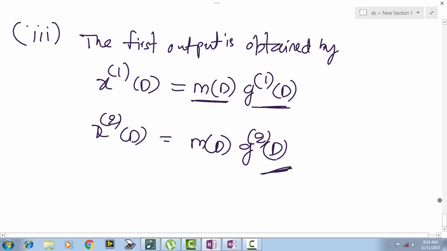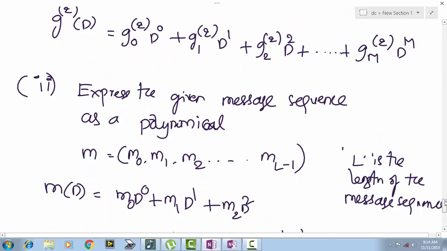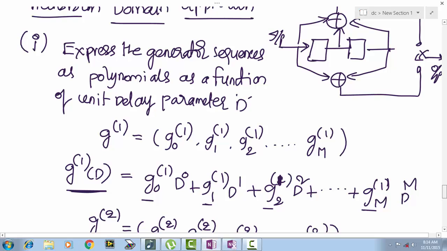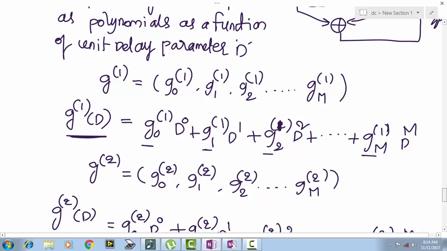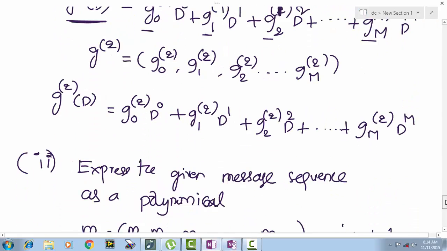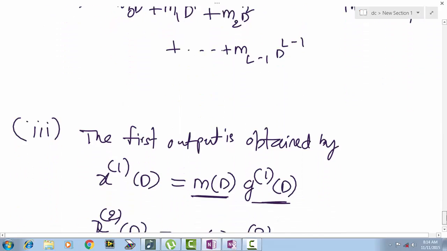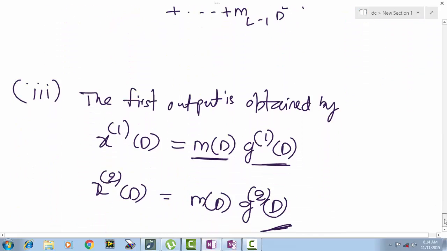Okay, so these are the three points in your transform domain approach. The first point is express the generator sequence as a polynomial. So if you are having two generator polynomials, express both of them as polynomials, then express the given message sequence as a polynomial, then compute the two output polynomials.